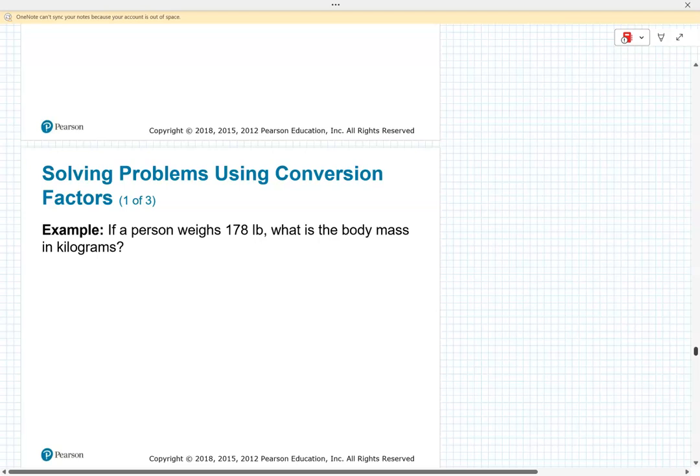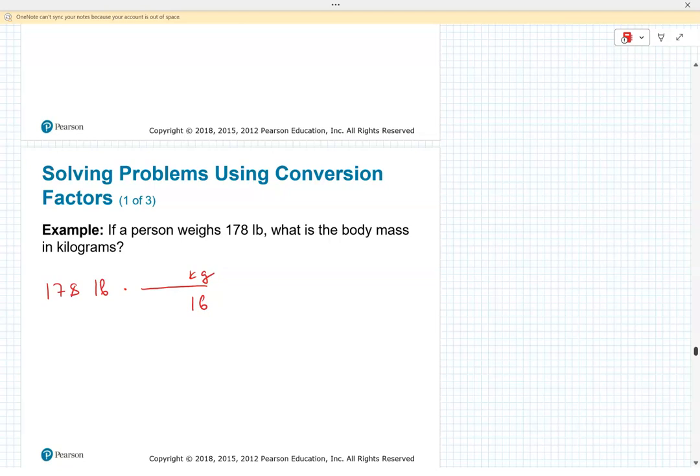So let's solve this problem. A person weighs 178 pounds. So this is the unit that you have to go from, right? And which unit you have to go to? Kilograms, yes. But what goes on the bottom? What goes on the top? Kilograms.